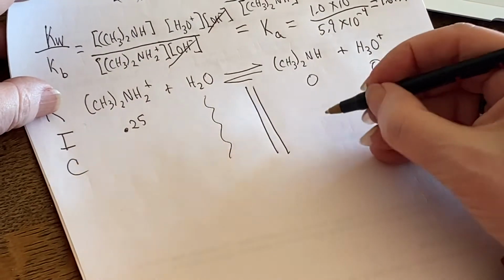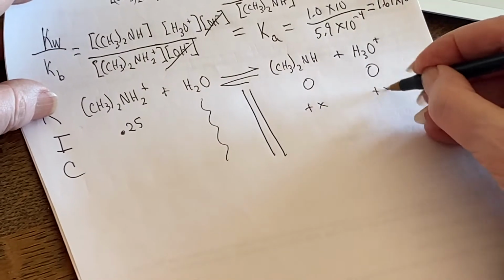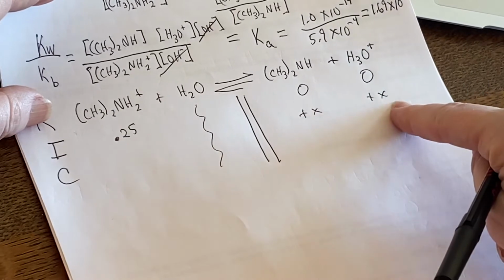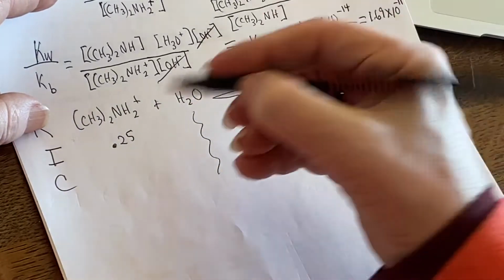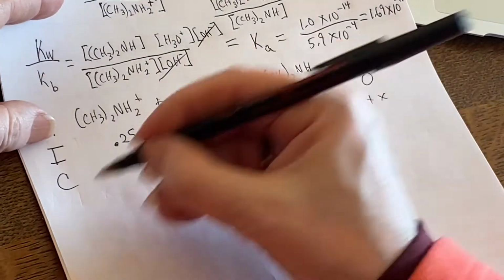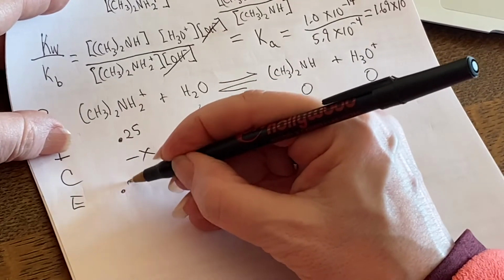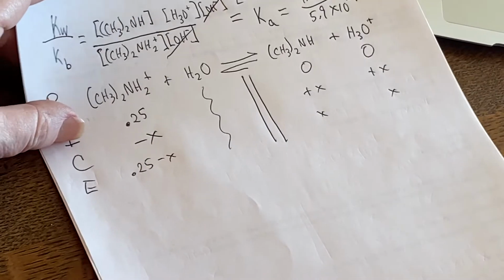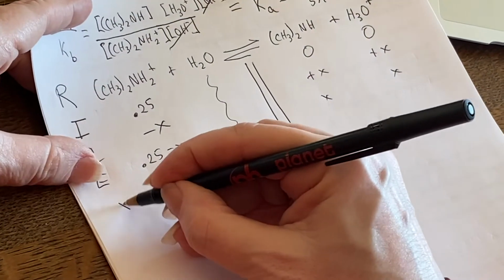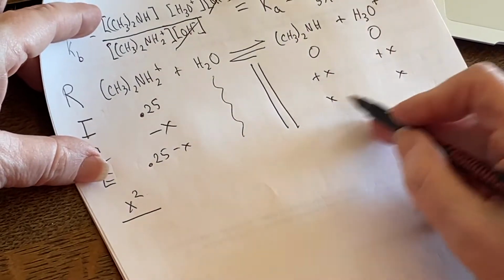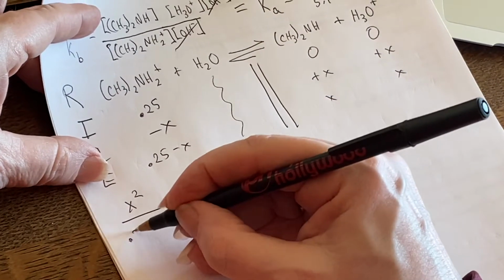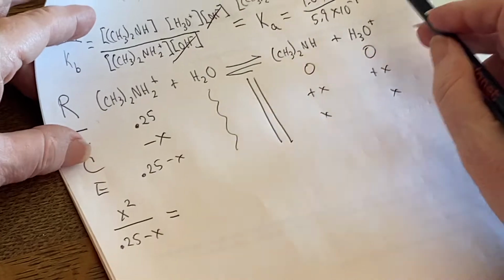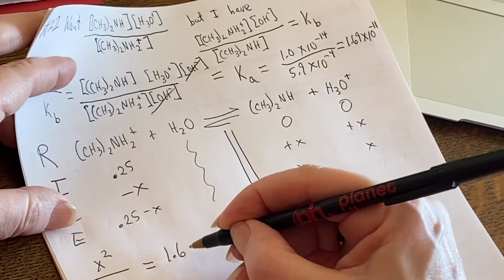Change: if it's a 0, it's got to go up. Each of these has the same coefficient, so both are plus x. Where did they come from? This thing falling apart. So our equilibrium: 0.25 minus x, this is going to be x, this is going to be x. When I set it up, I'm going to have x squared over the 0.25 minus x, and that's going to be equal to this guy that we had so much fun figuring out.